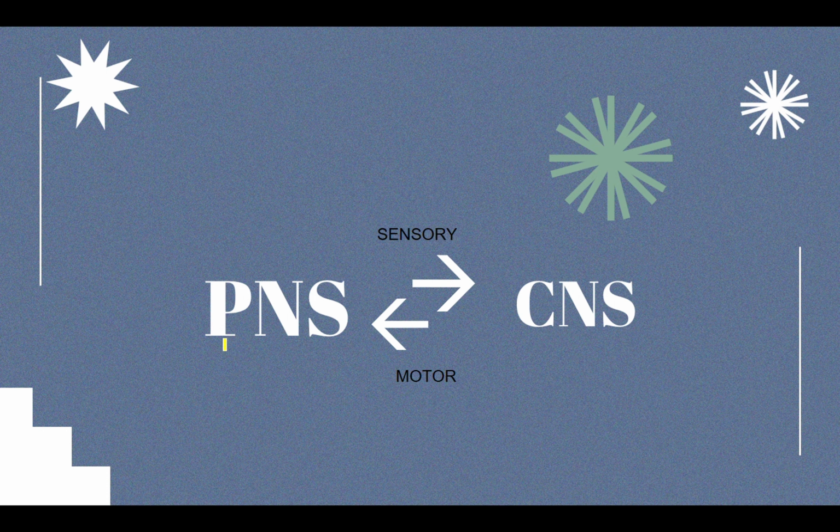So the peripheral would send an impulse through the sensory neurons and then it will travel to the central nervous system. And the central nervous system will stimulate another impulse, an electric impulse, a message that will travel through the motor to a gland or a muscle to make a response for that change.